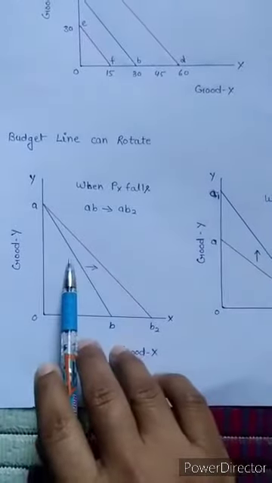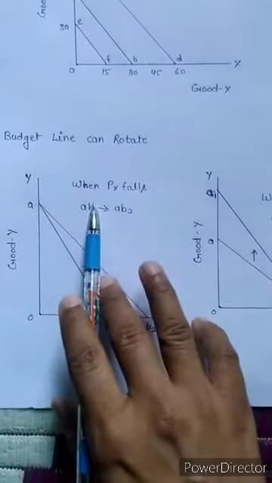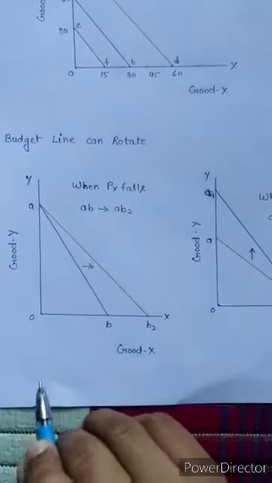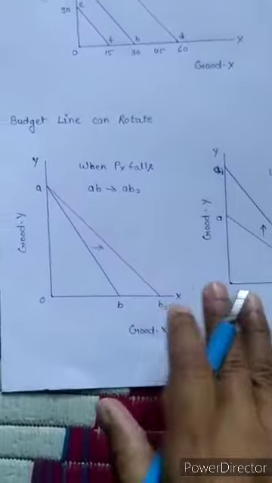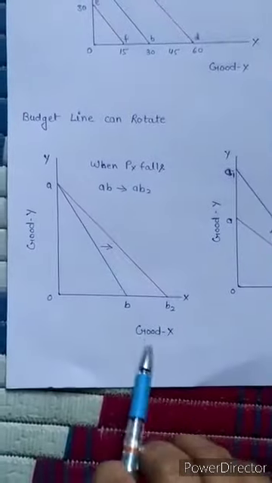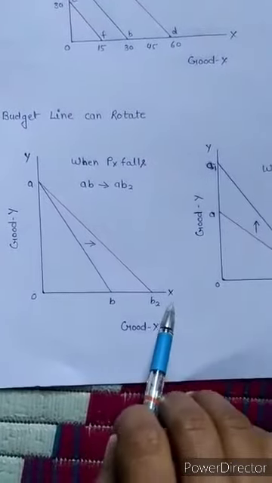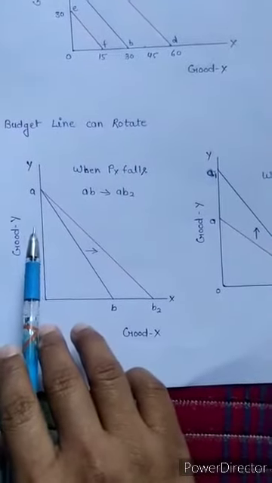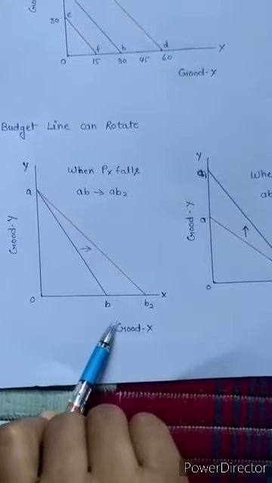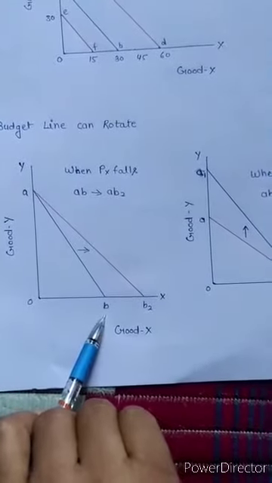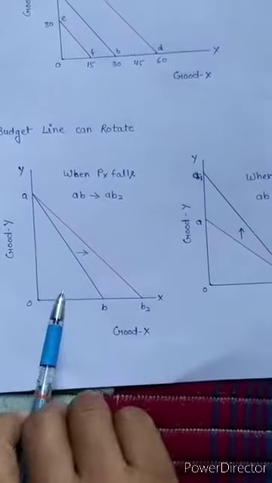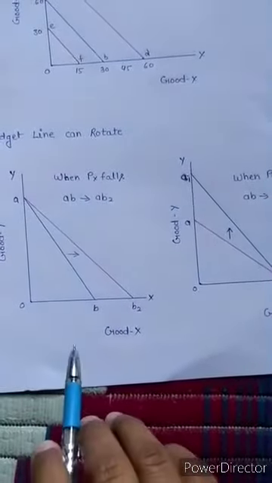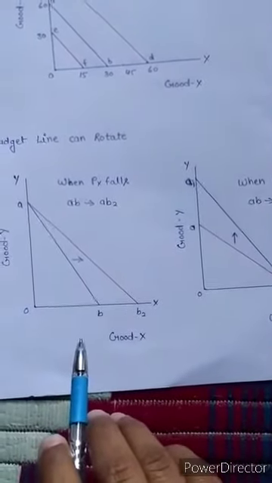Here the first condition is given. When the price of X commodity falls, what is the shape of the budget line? It is clear by the figure. Here goods X is given on the X axis and goods Y is taken on the Y axis. AB is the primary budget line or price line. Now assume that the price of X commodity falls, meaning the price of X commodity decreases.